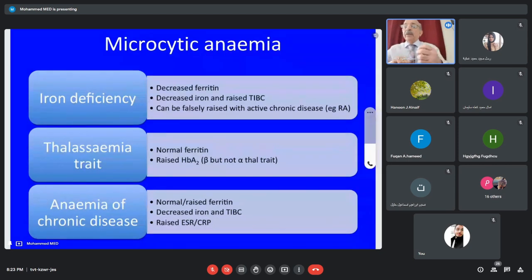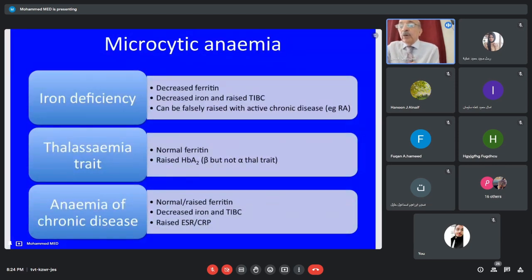If you remember, in the first case, the hemoglobin A2 was 5%, which is high. Of course, 5% in the first year of life could be normal, but later on, the fetal hemoglobin will go down. So in an adult, a hemoglobin A2 of 5% is high.